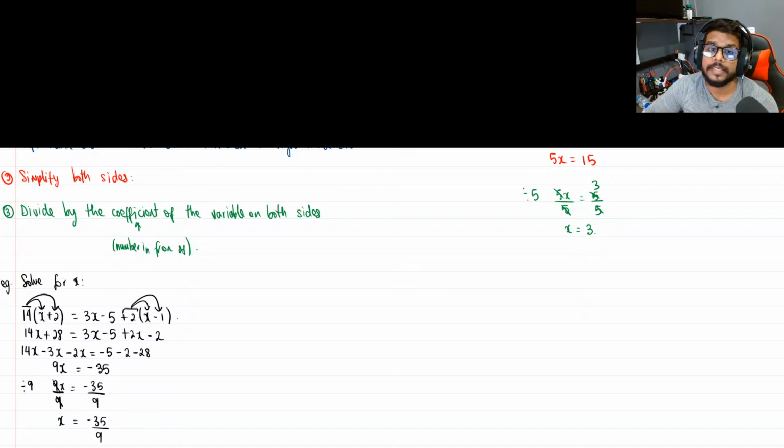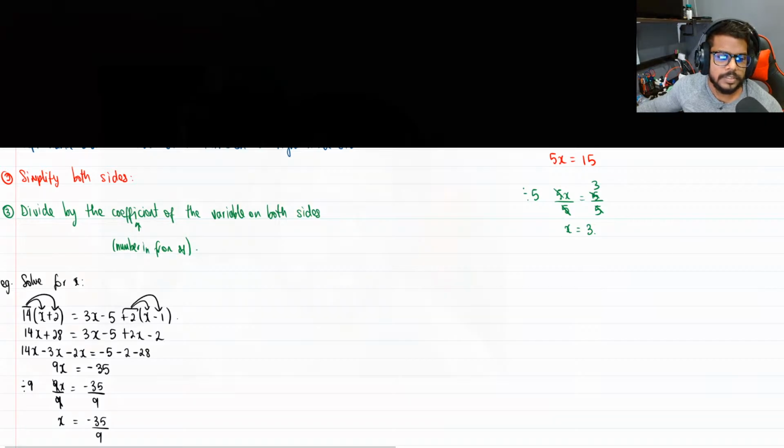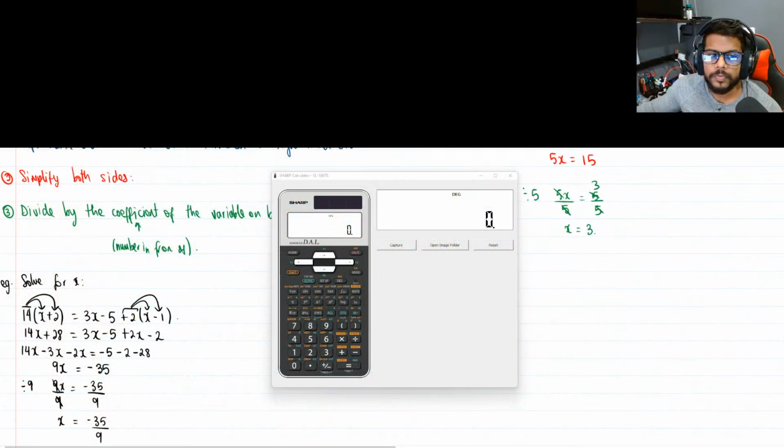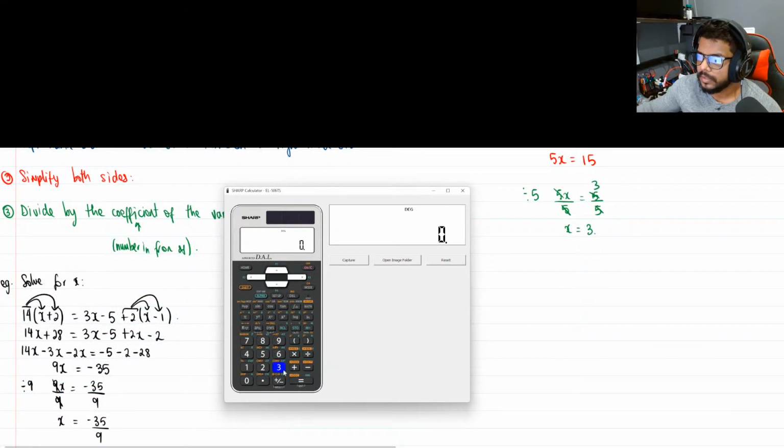Unless the decimal is an exact number, don't put it as a decimal. Because if I work out what this is, just give me a calculator. If we work out what this is here, minus 35 divided by 9, we get this.